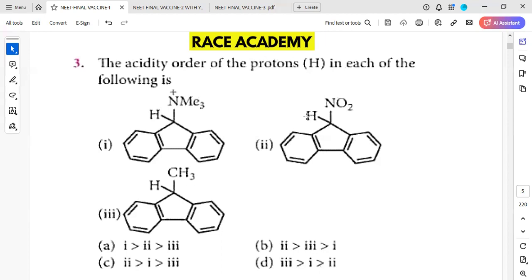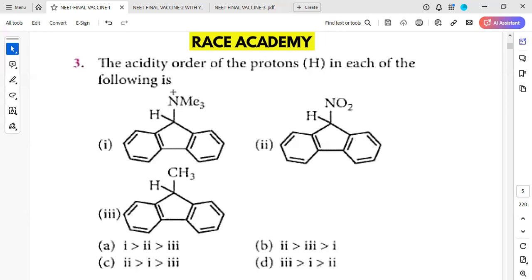Okay, and the minus R effect is shown, whereas the CH3 group and Me3 groups are there. These groups are said to change the acidity, giving lesser acidity. So wherever NO2 is present, that is a greater acidic character, where Me3 is there, that is lesser, and the least one is the CH3 attached ring. So that's the option.